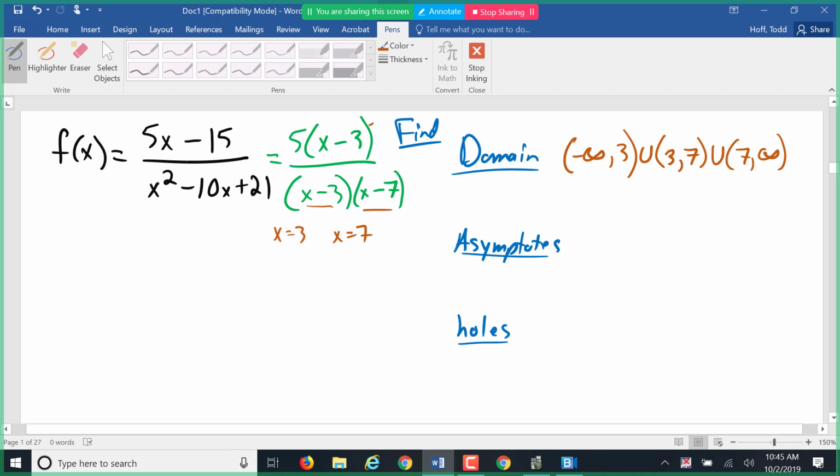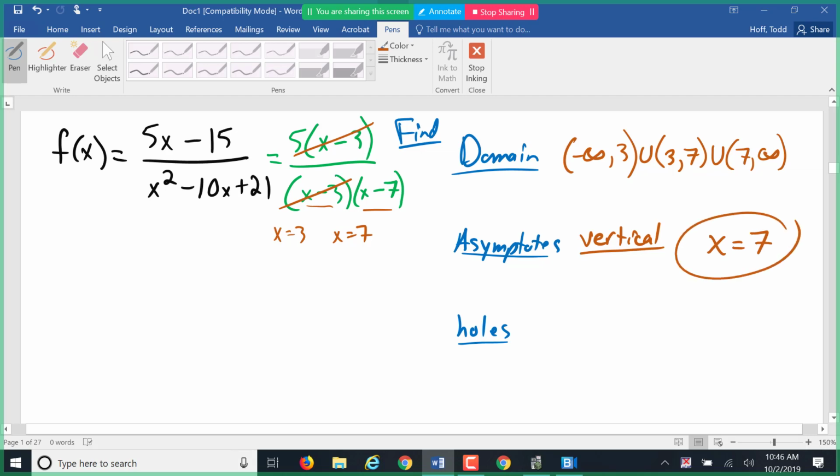Asymptotes. Well, we notice that the x minus 3 cancels out. So we get a vertical asymptote at x equals a positive 7. That's an asymptote.